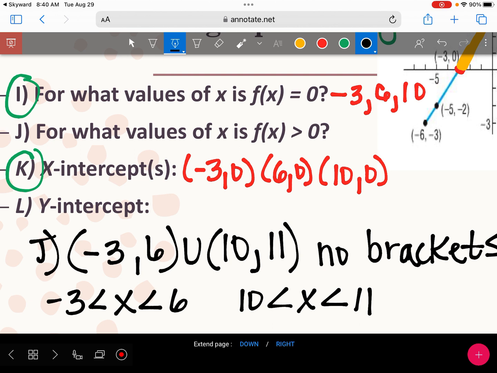It's only positive between both pairs of numbers. Union. It's not comparing, it's just saying that it's positive between -3 and 6, like an and, in between 10 and 11. Sorry, not 2 and 11.